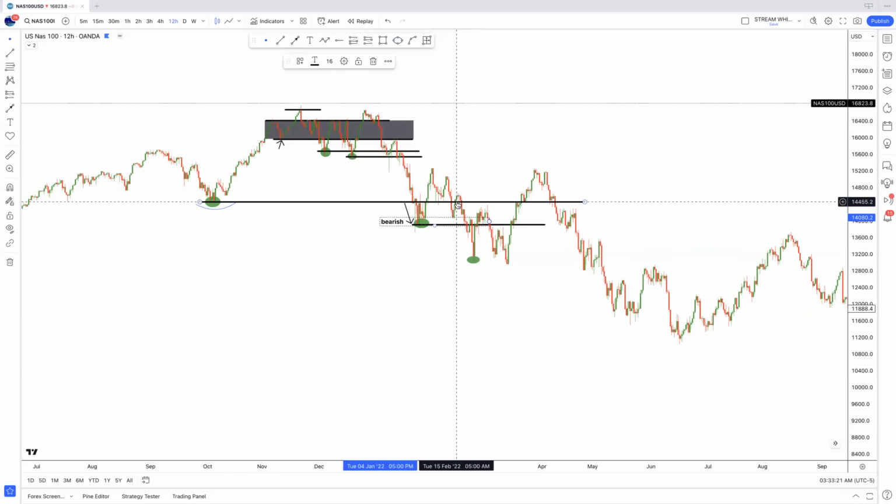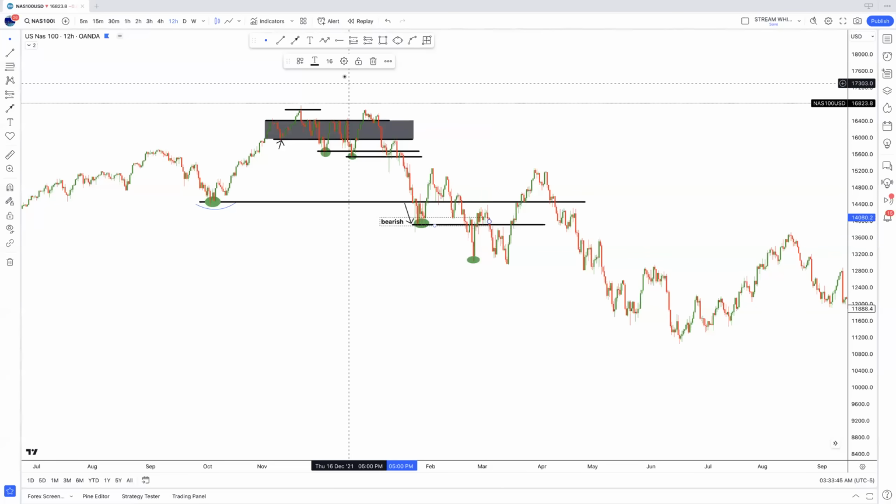So back under this level, we can already expect price to do the same movement back to this level. Even if it didn't continue down, we know that price is going to go from here to here. So under this level, we can see price come from here to here. And then it causes a new low, which causes another liquidity grab, another correction in the market. And then we can see price back under this level again.